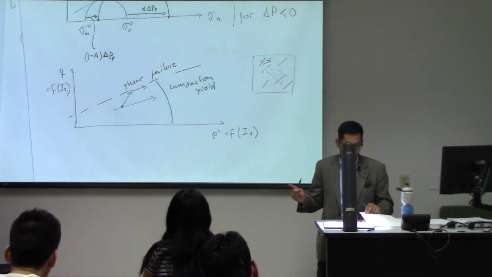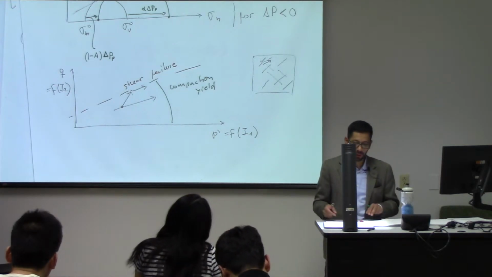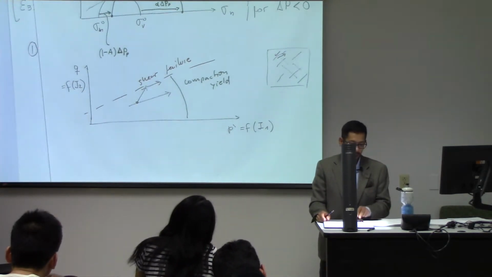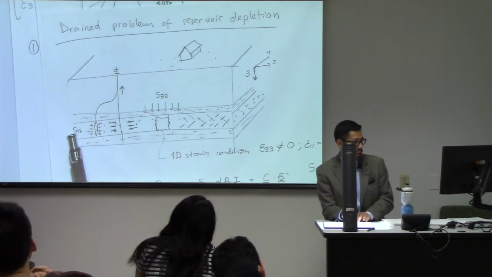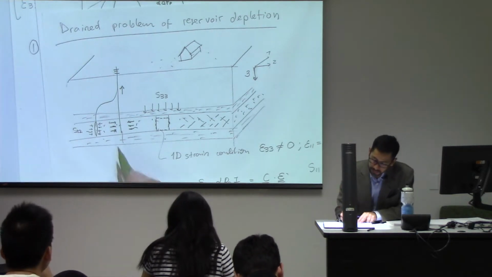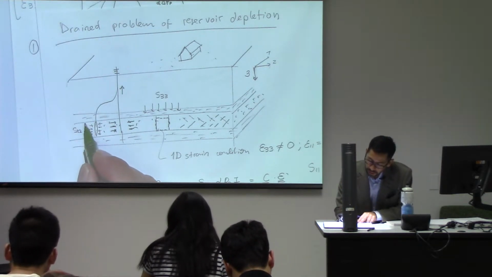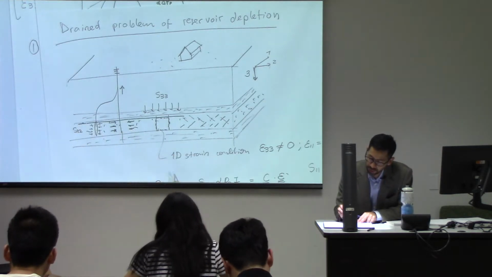Okay, so there's one more thing I want to talk about, this drain problem or reservoir depletion. And the problem is, we have calculated how much the stress will change in this direction. Now I would like to calculate how much the surface is going to deform.